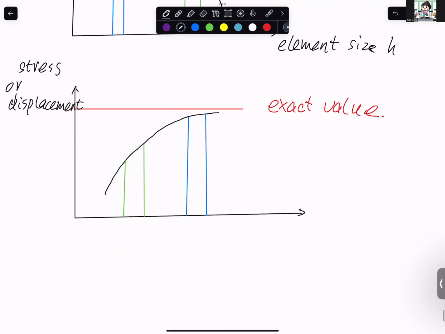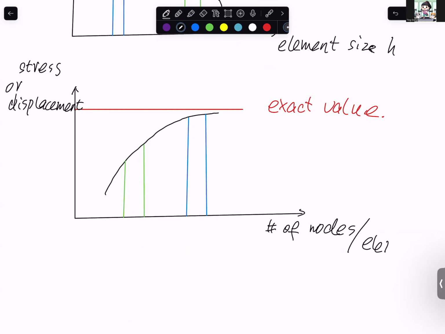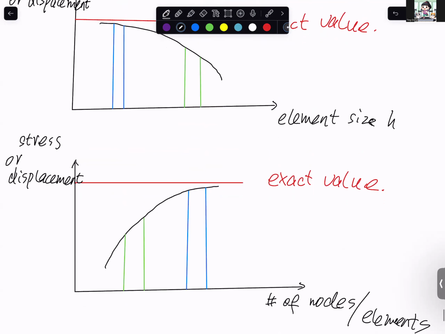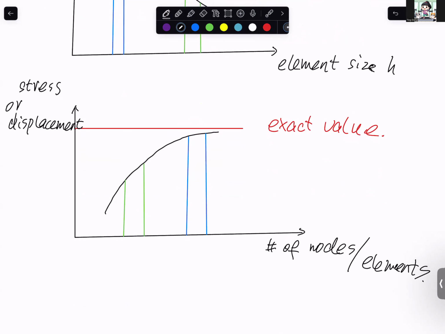And the x-axis now becomes number of nodes or number of elements. So this is the most commonly seen convergence study you will see either in textbooks or papers you will read in the future.